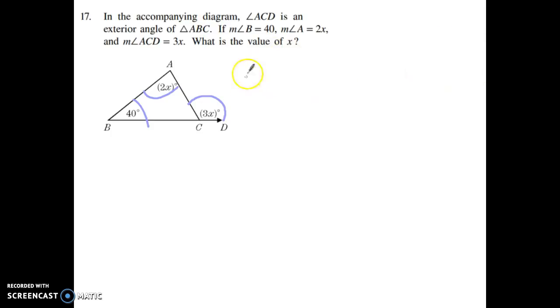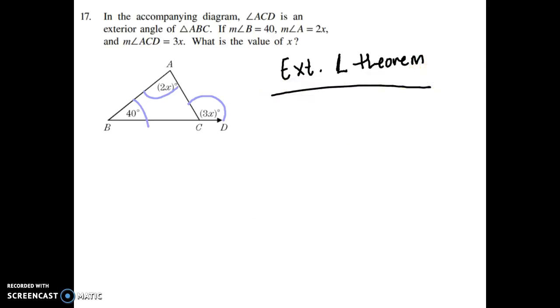So here we have the exterior angle theorem. And the exterior angle theorem says that the measure of A plus the measure of B, so the two interior non-adjacents, has to equal ACD.